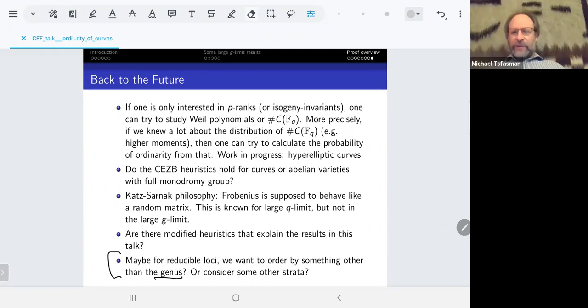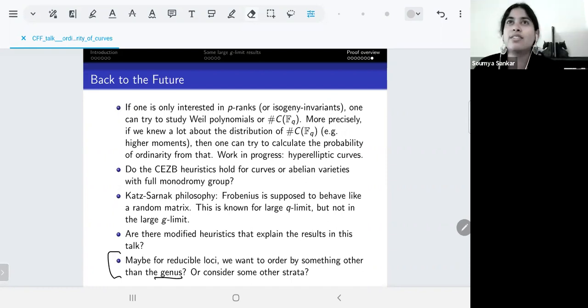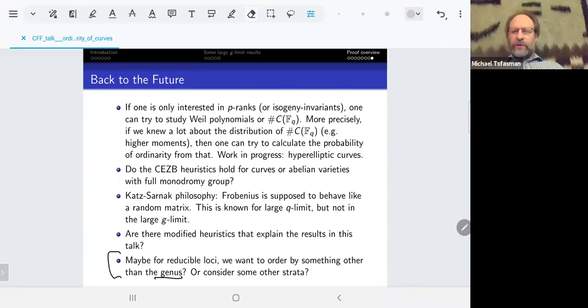So would you expect that there is a different kind of group that governs the distribution, or that it's just not true? I don't see any group there. Okay.